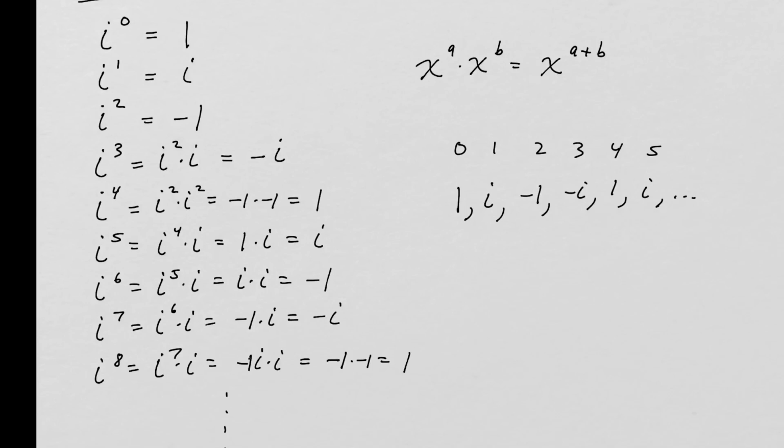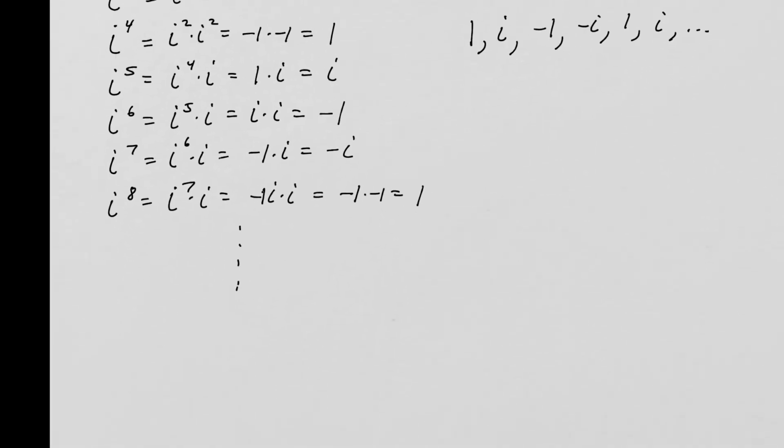So that same pattern repeats: 1, i, negative 1, negative i. Okay, so how do we find, let's say I want to find i to the 47th power.